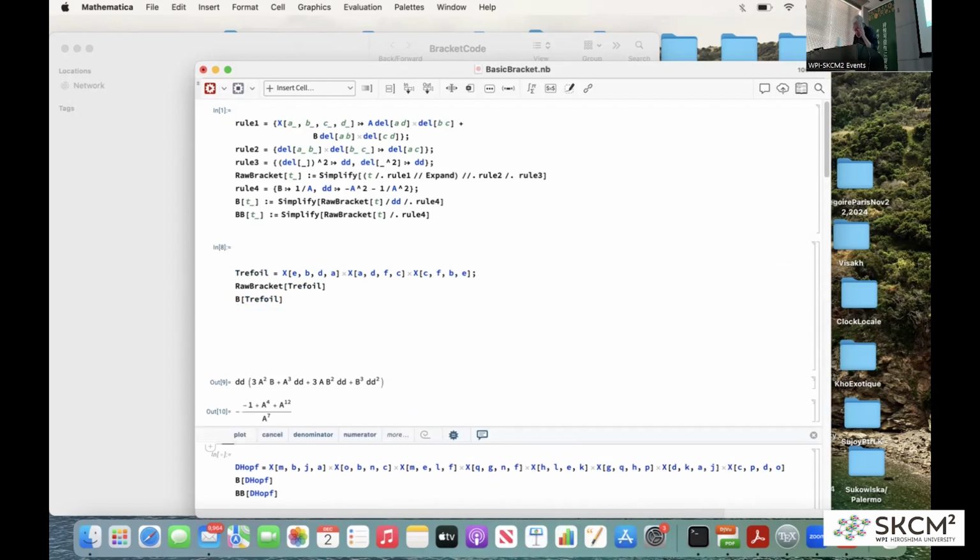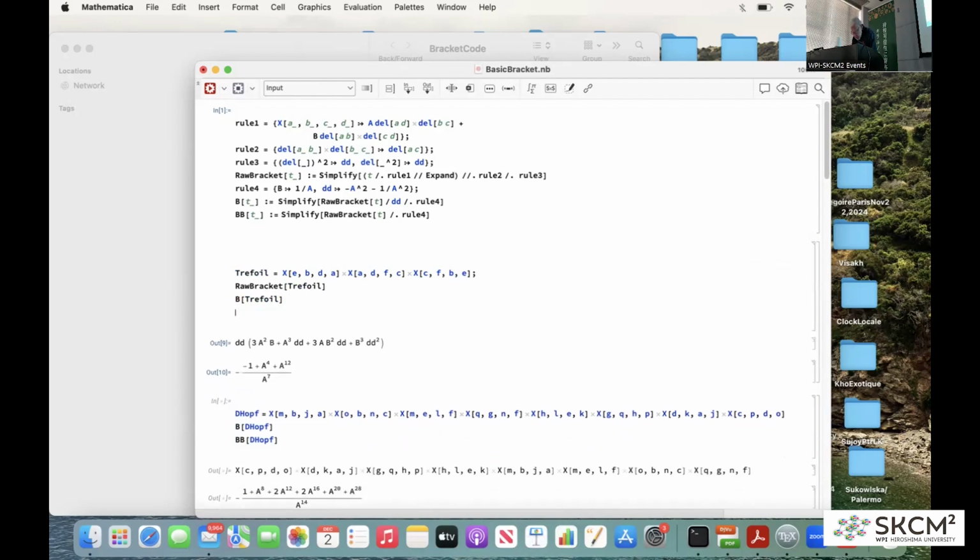Okay. So did you see what happened there? We got minus A to the minus 7 plus A to the minus 3 plus A to the minus 5. And that's our bracket for the trefoil.